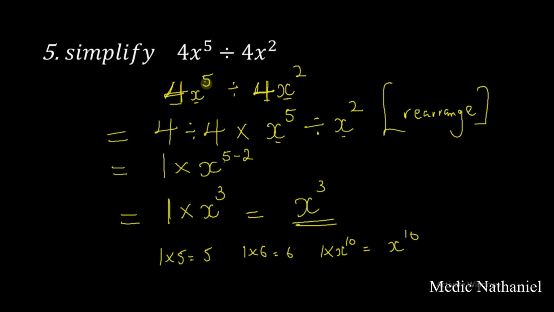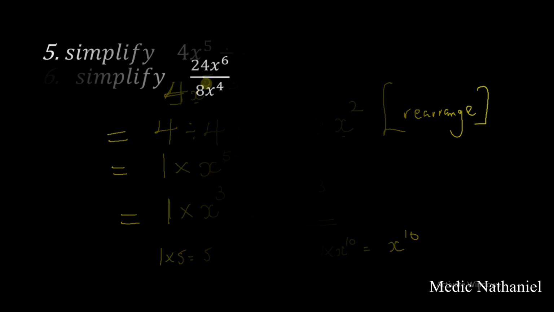They are similar, but the difference is that this example 6 is arranged in a fractional manner, so we are going to arrange it in a linear form. So I have 24 x raised to the power of 6 divided by 8 x raised to the power of 4.